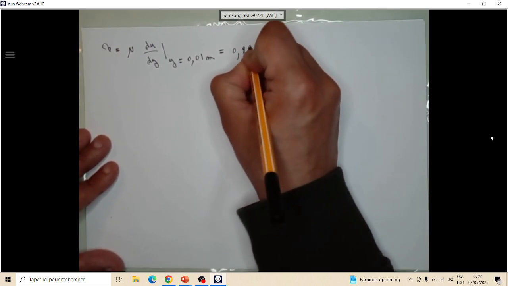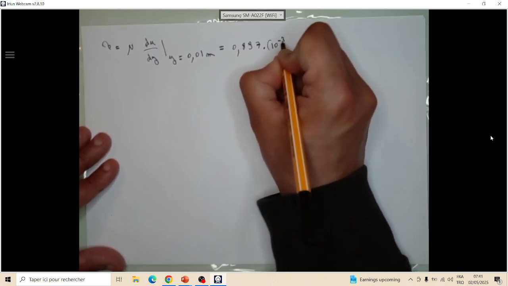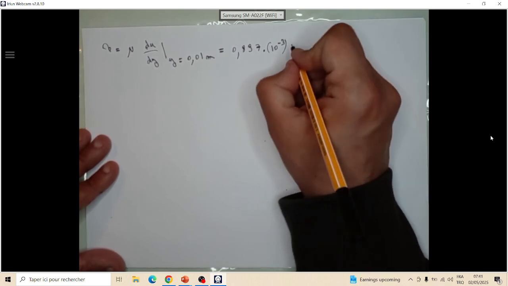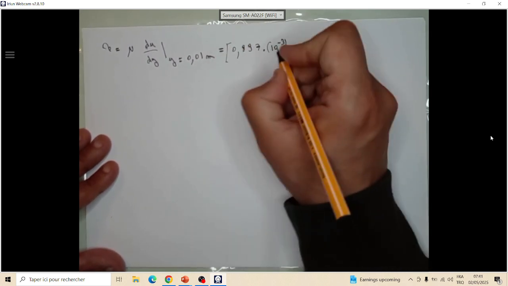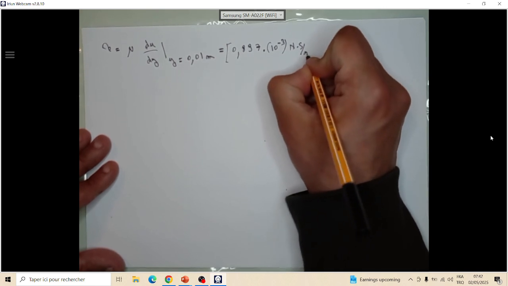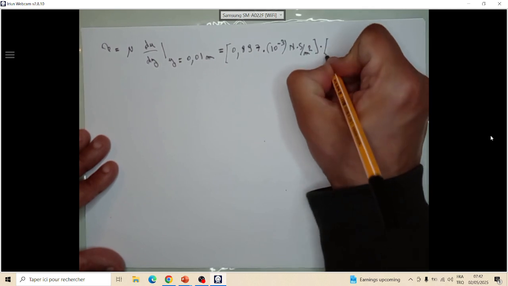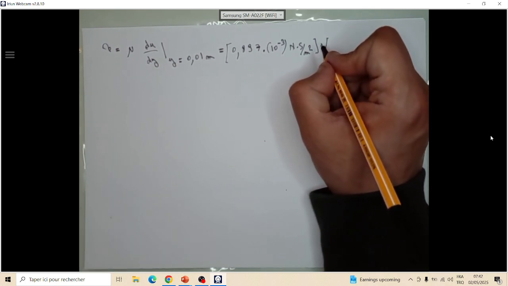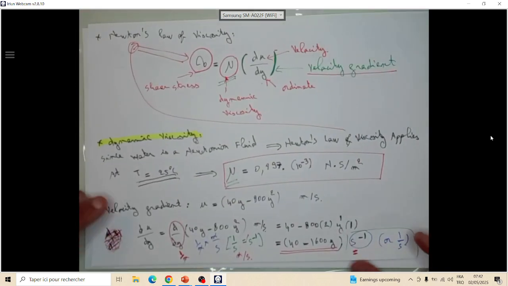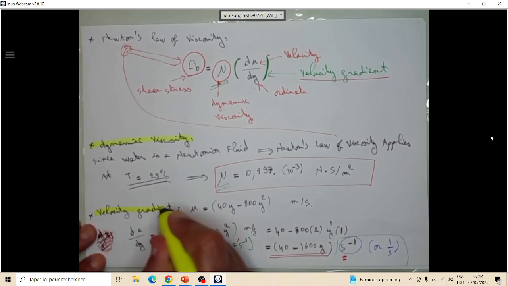It will give me tau equal to 0.897 times 10 to the power minus 3, and the unit here is Newton times second over meter squared, times the equation that we have found for the velocity gradient.